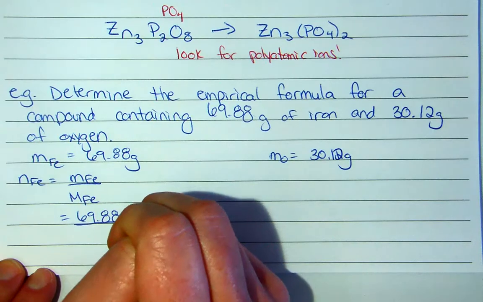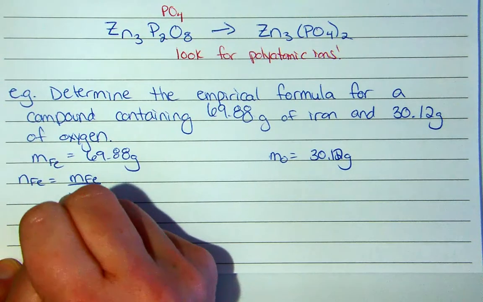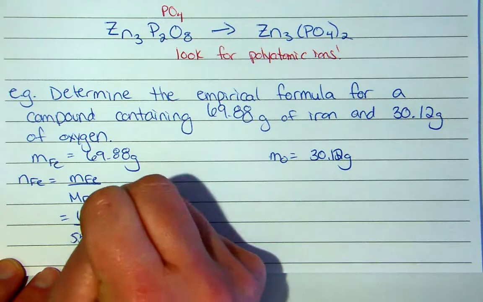The molar mass of iron is 55.85 grams per mole.